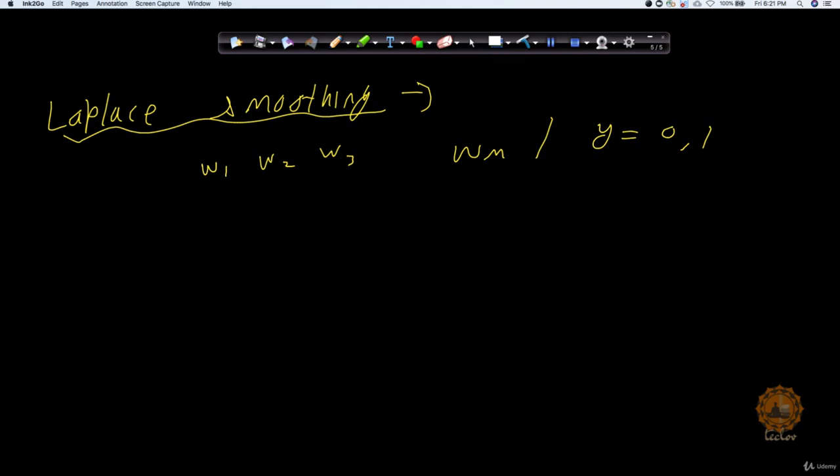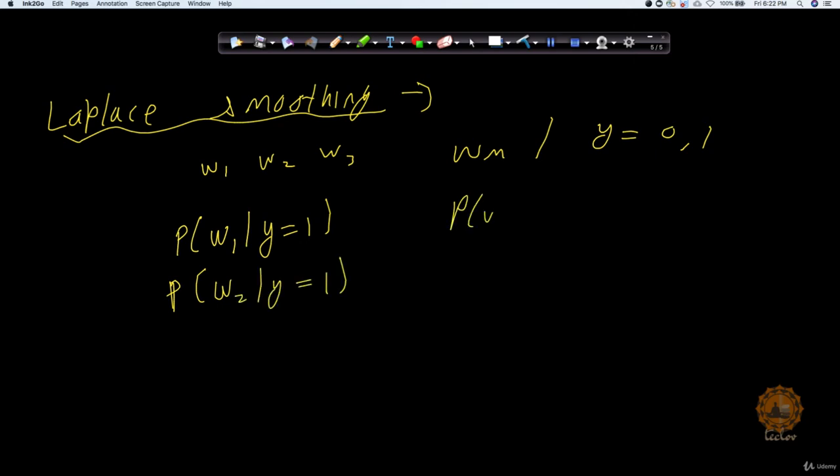During your training phase, I'm talking about, we used to calculate the probability of W1 given that y is equal to 1, because in the training phase I used to know where my class 1 is for word W1. Similarly, I used to calculate for the remaining words as well, and the same thing we used to do with respect to y is equal to 0, right? So this is the way we used to work in naive Bayes.